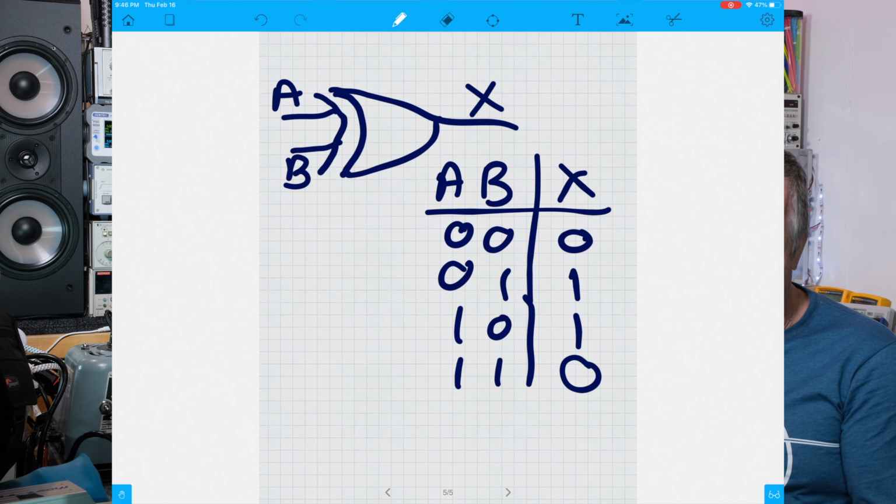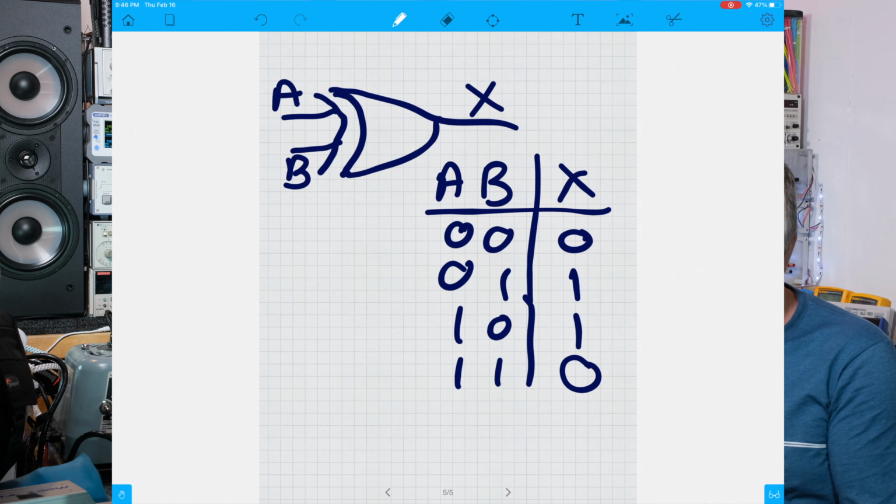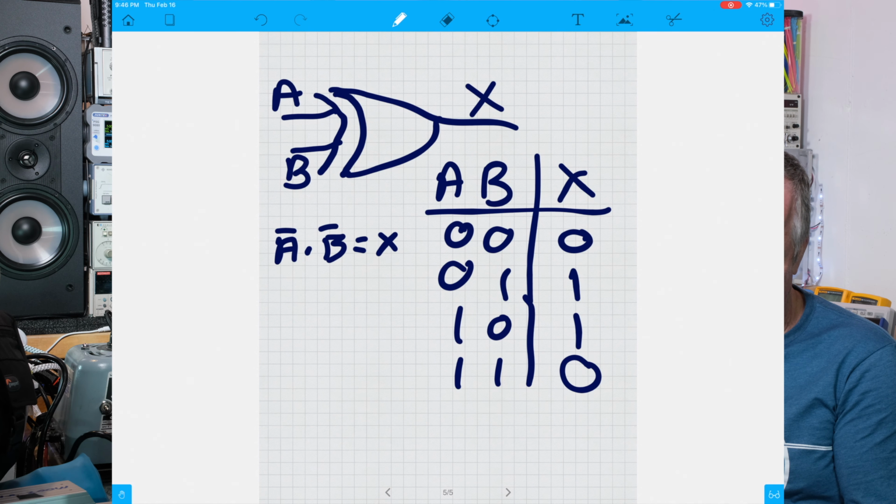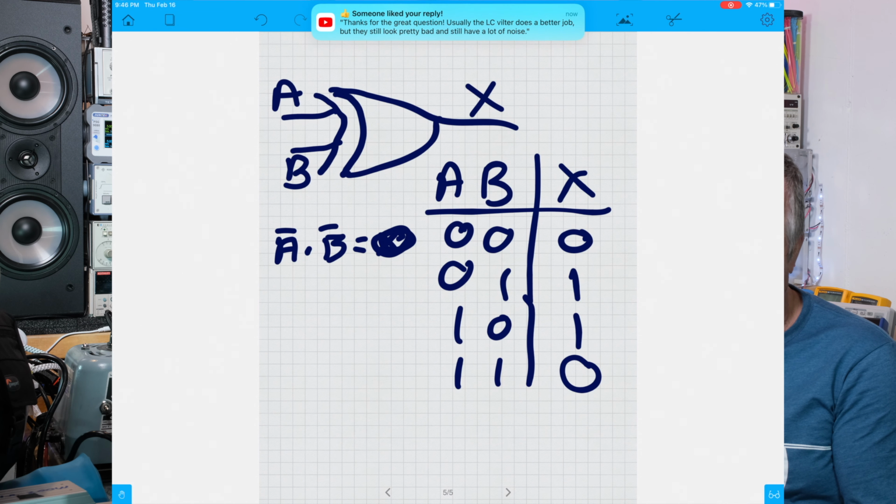Let me show you something math-wise. Each one of these things we could write. We could go A naught, because 0's a low, and B naught is equal to X. That's what that first one shows, and we know X is equal to 0 in this case, so we'll put a 0.